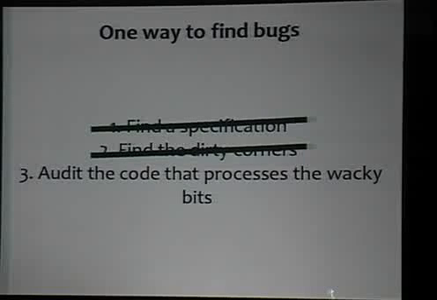And then finding the dirty corners. I don't know if anyone's seen my blog entry or has been in the business for more than a year, but differential reversing is where you run multiple inputs through a program and look at the coverage, and then you can diff the coverage and find out what the difference in the inputs was on the coverage. So you find places in the program that process just the part of the format you're interested in.